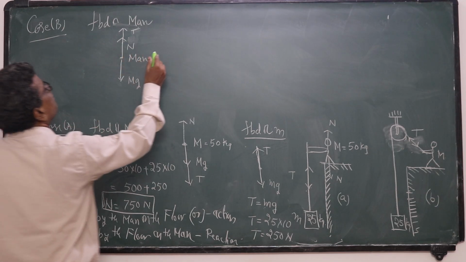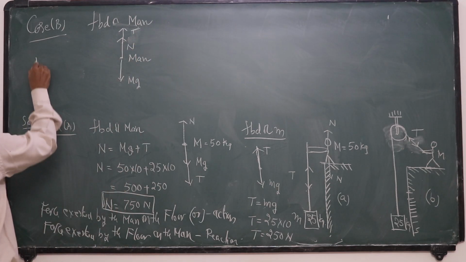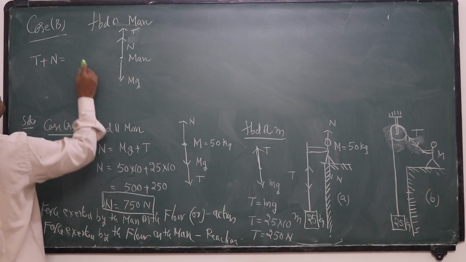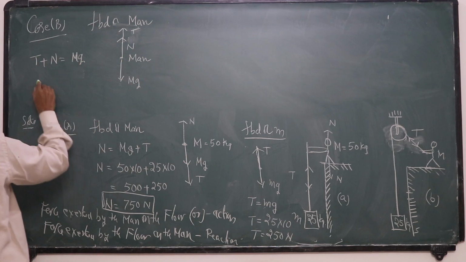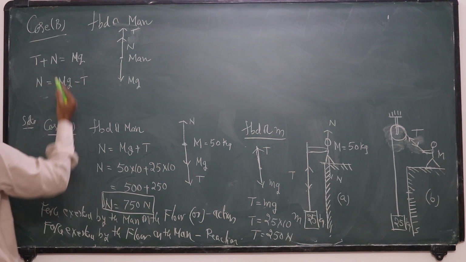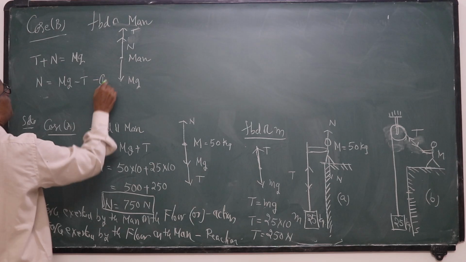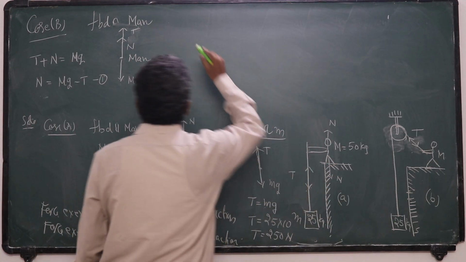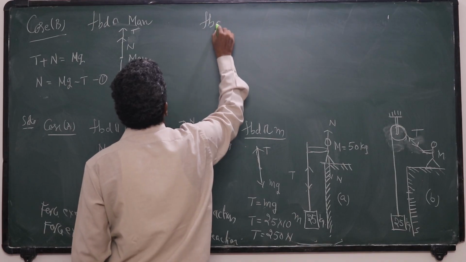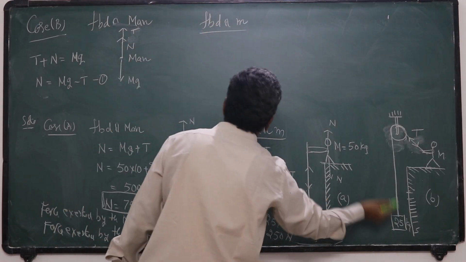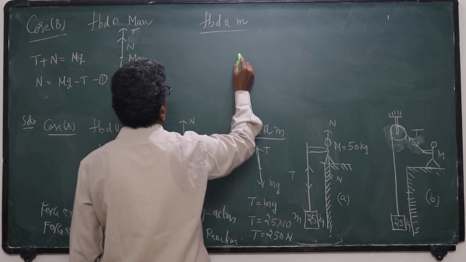Now you take the equations. Since it is in equilibrium, T plus N is equal to mg. So what is N? mg minus T. Okay, you call it as equation 1. Now, draw the FBD of small m, that is block, bucket of water, let it be.